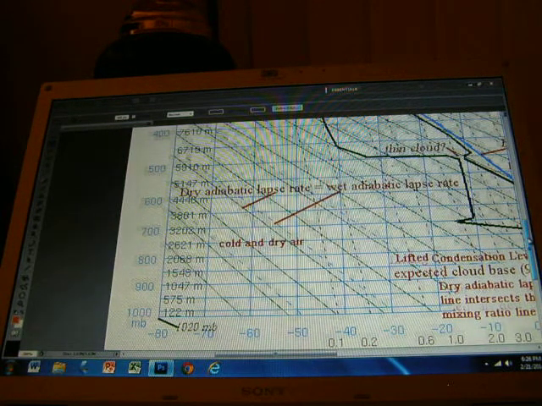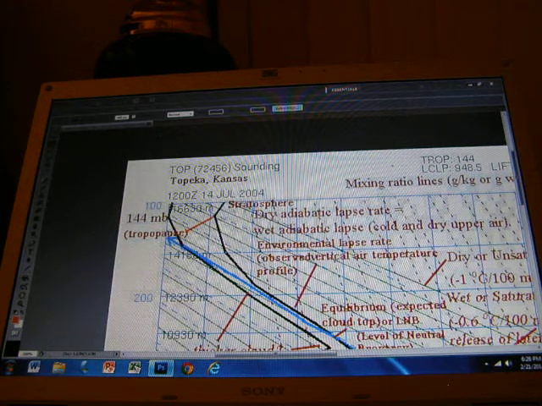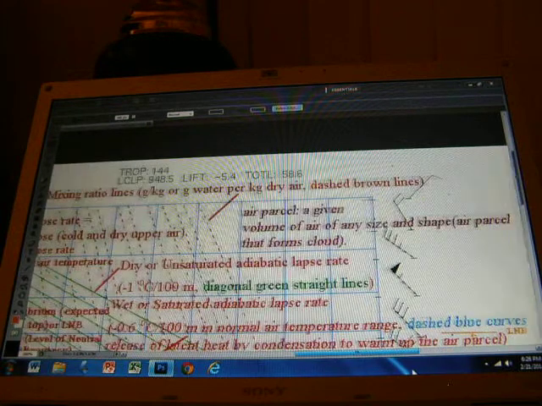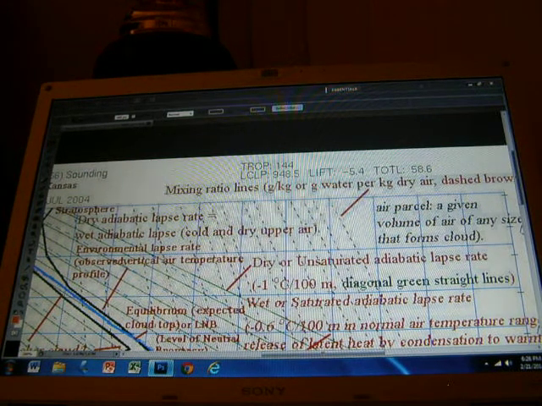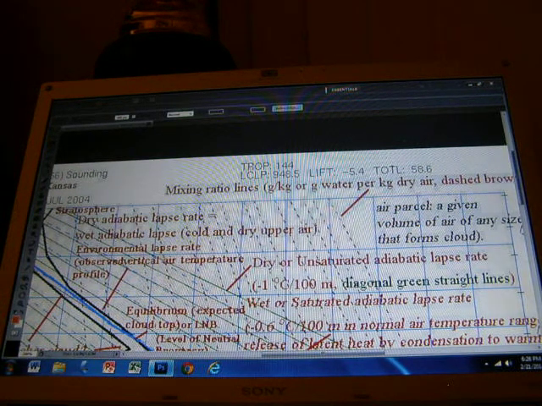The straight green diagonal line here shows the so-called dry or unsaturated adiabatic lapse rate. When an unsaturated air parcel rises every 100 meters, the temperature drops 1 degree Celsius.